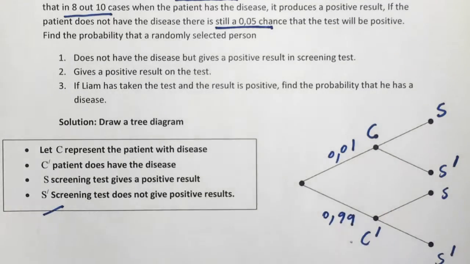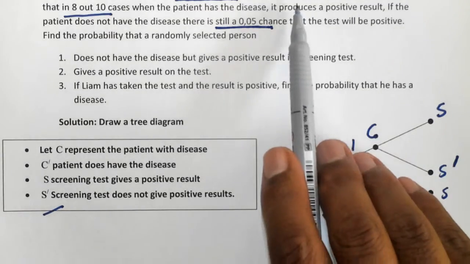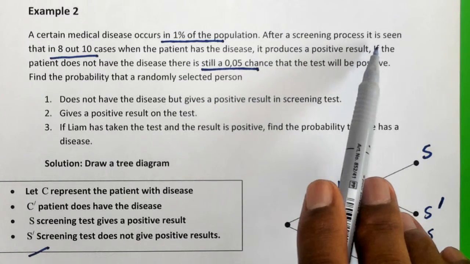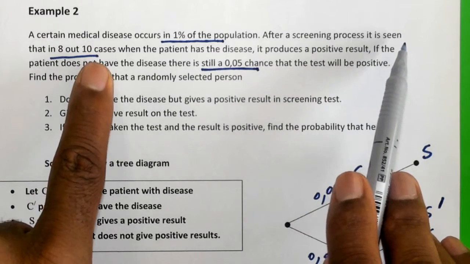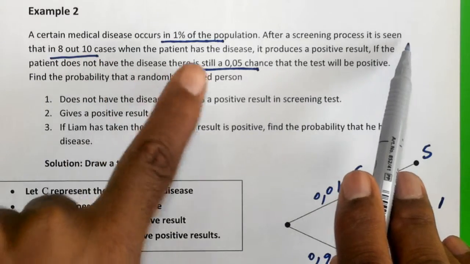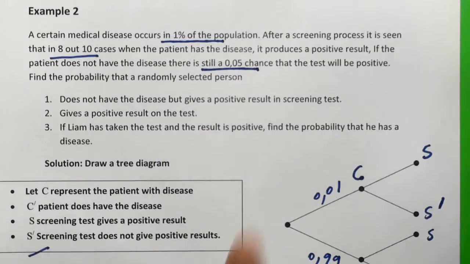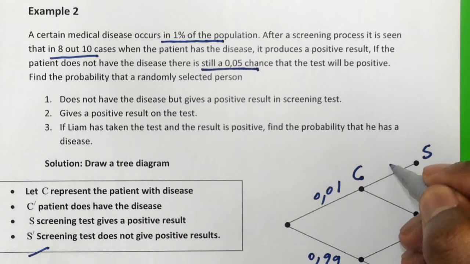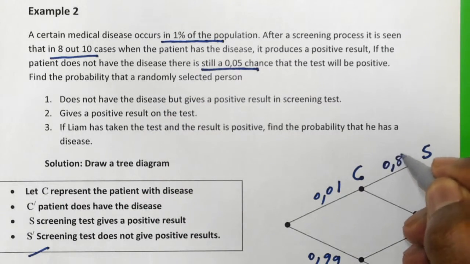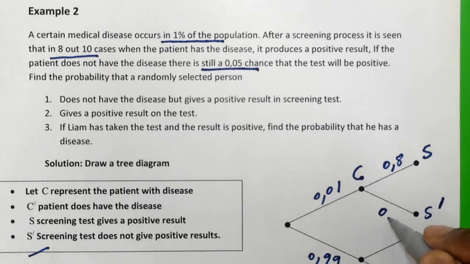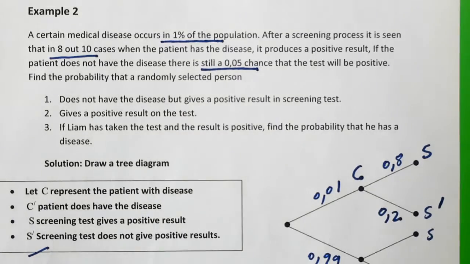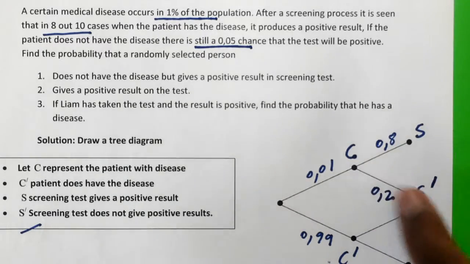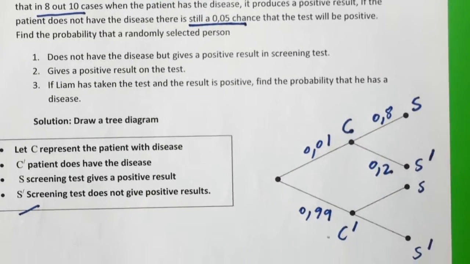Okay, so let's look at after the screening. After a screening process, it is seen that 8 out of 10 cases, when the patient has a disease, it produces a positive result. So 8 out of 10 implies 0.8 there, and we'll have 0.2 there. Positive results, then we might have some negative results also.